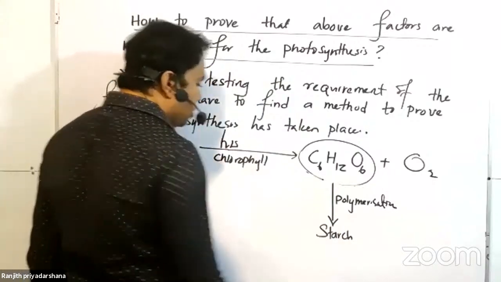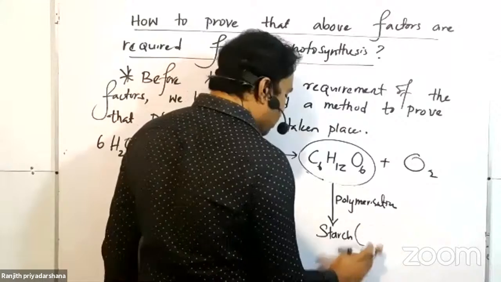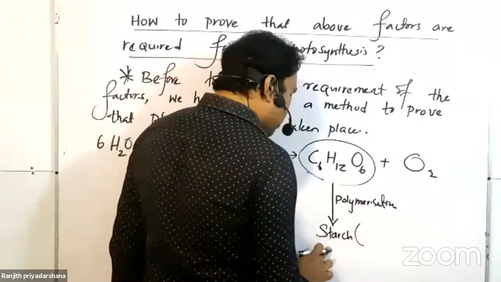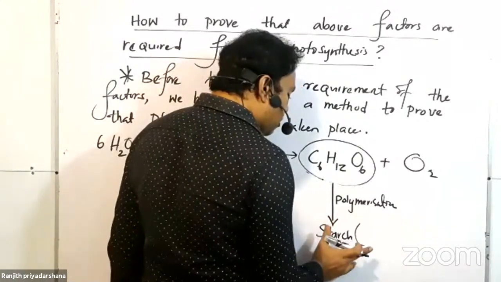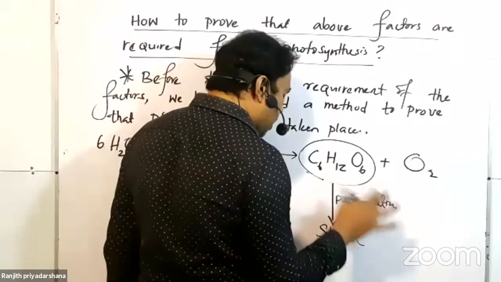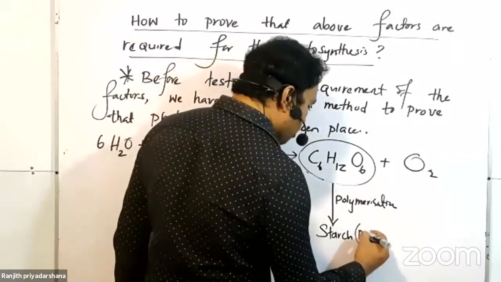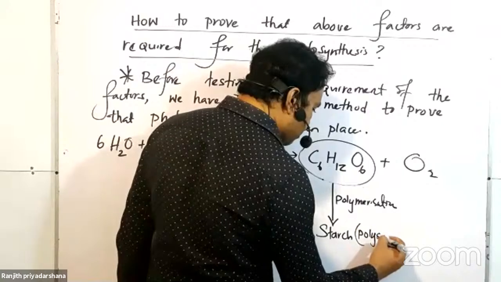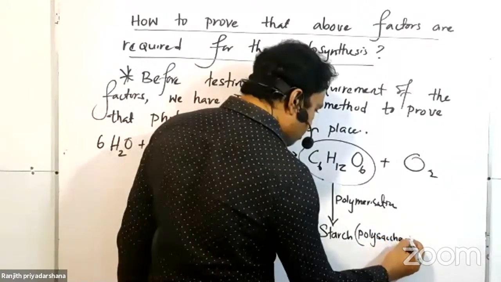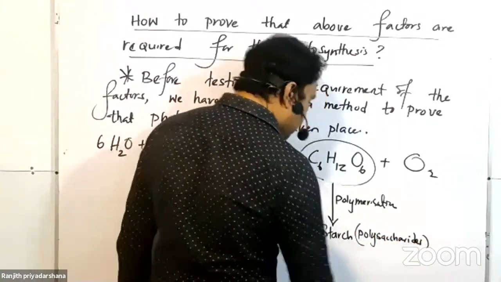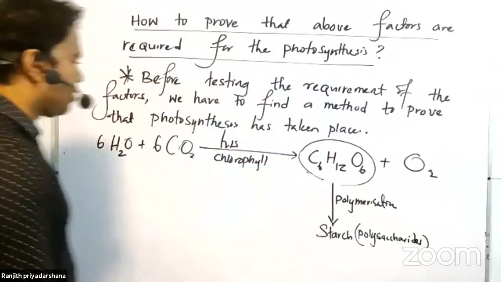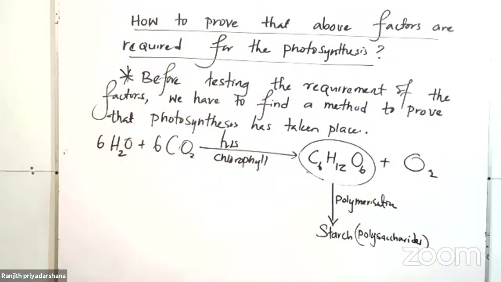Starch is formed. So what's the biological polymer? There are several biological polymers among the carbohydrates. They are known to be polysaccharides. Grade 10, first lesson, polysaccharide.